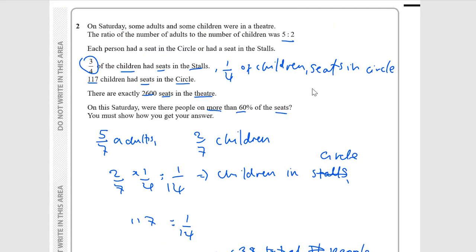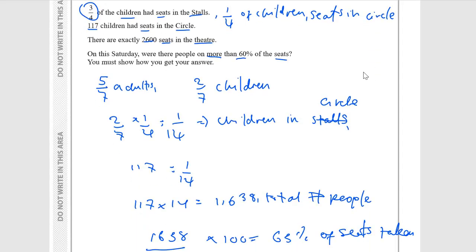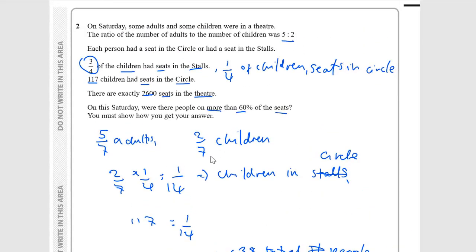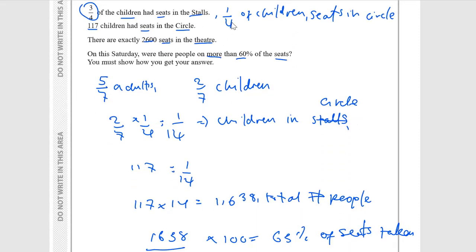So let's just run through that once more. 3/4 of children had seats in the stalls. That means 1/4 of children had seats in the circle, because it's either stalls or circle. And we know children are 2 over 7 of the people, because of the 5:2 ratio. So 1/4 multiplied by 2 over 7 gives us 1/14 of the people as children in the circle. And we know that 117 children had seats in the circle.